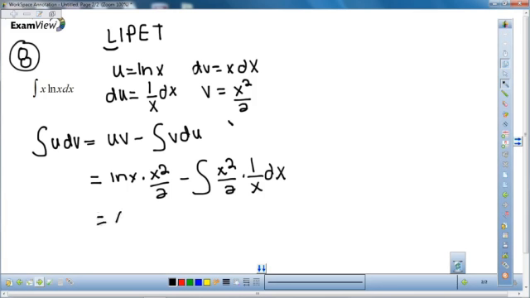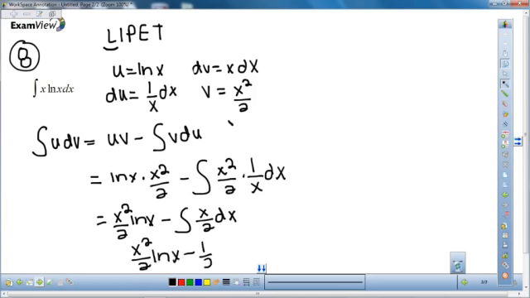So we're going to have x squared over 2 ln of x minus the integral of x over 2 dx. So if we take the antiderivative, 1/2 is a constant, so I can bring it down. So I'm going to add 1, divide by the new exponent, and don't forget your plus c.